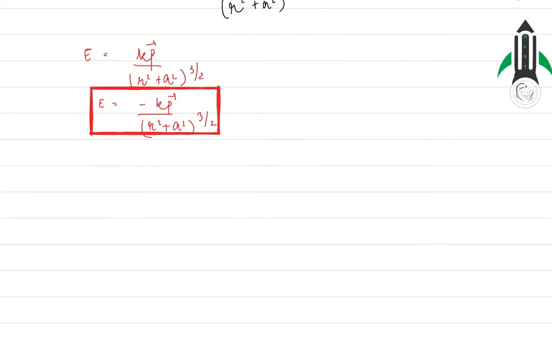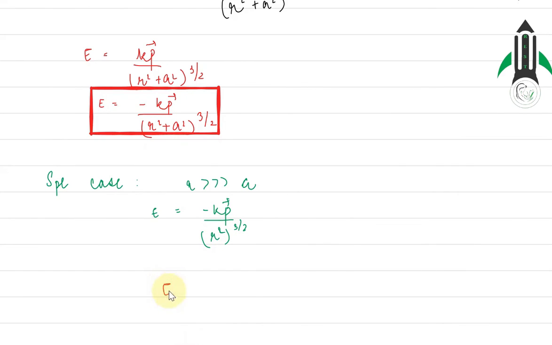So now, as we did a special case for the electric field on the axial line of a dipole, we'll also do a special case here. Special case is when r is much greater than a. So the electric field becomes minus Kp upon r square to the power 3 by 2. a becomes 0.